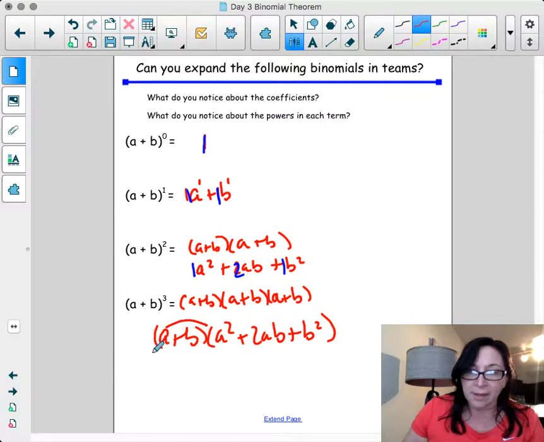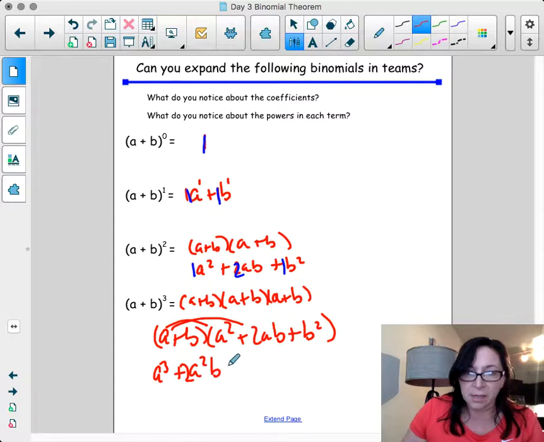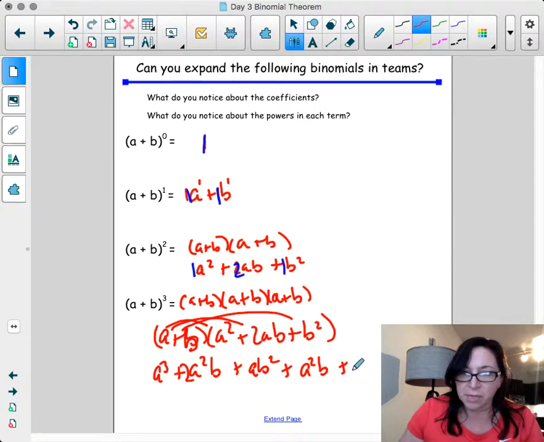And so foiling that, or multiplying each term out, I'm going to get A to the third power plus 2A squared B plus AB squared plus, this is B times A squared, so A squared B plus this times this, which would be 2AB squared plus B to the third power.